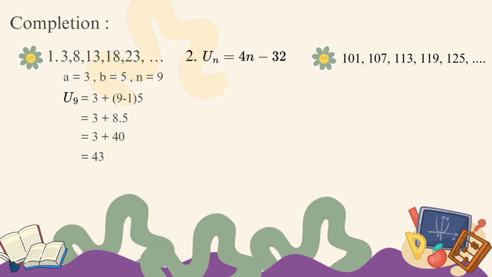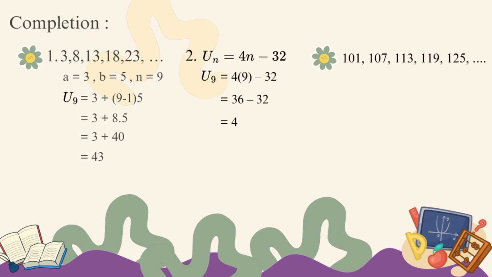Next, the completion for number 2. U sub n equals 4n minus 32. U sub 9 equals 4 times 9 minus 32 equals 36 minus 32. U sub 9 equals 4.